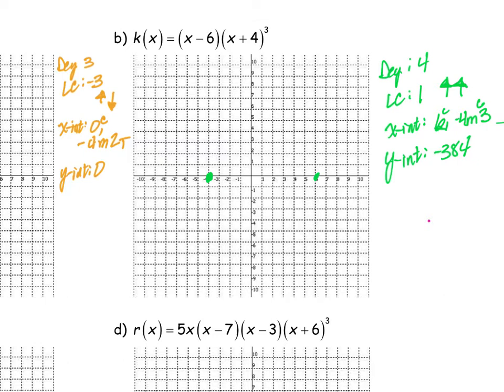So it's going to start high. So it's going to come down through here, kind of flatten out before it crosses. Go way down here. And then come up and cross.